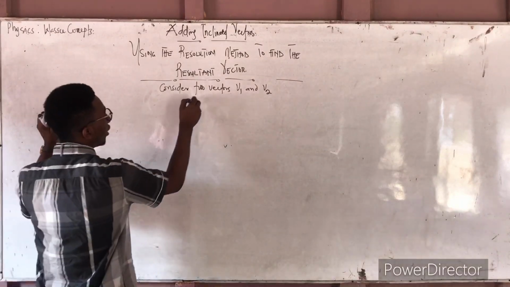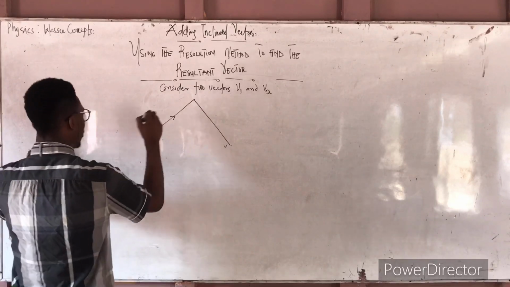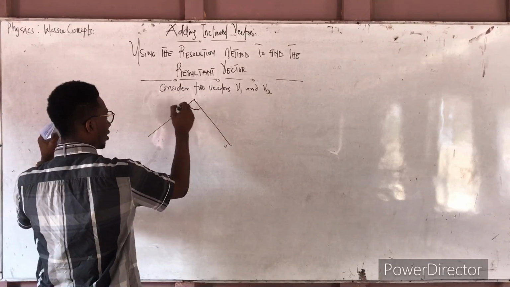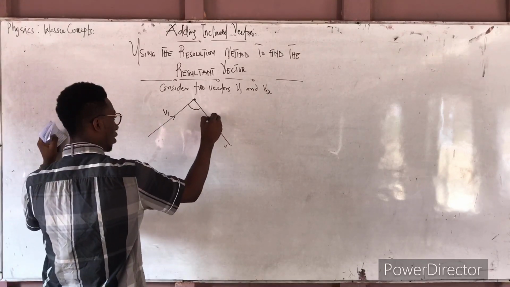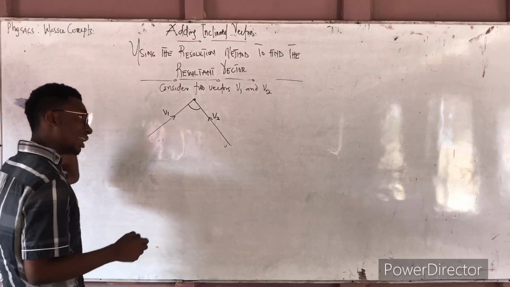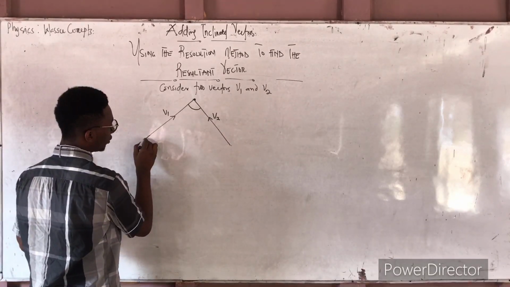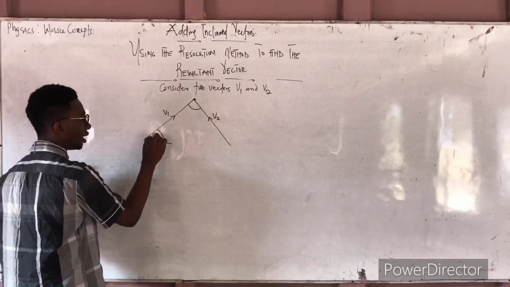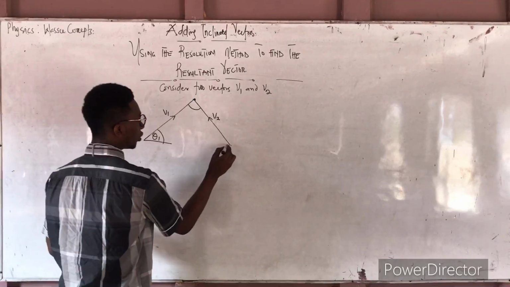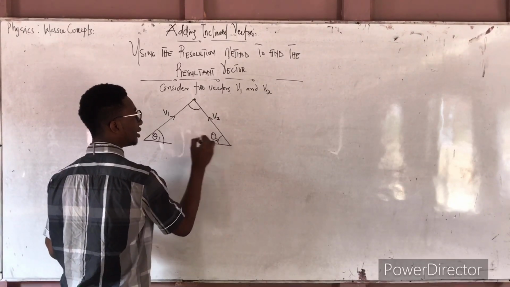We see these two vectors meeting at this point, and each of the vectors is inclined at an angle with respect to the horizontal. This vector is inclined at an angle, let's say θ1, and this other vector is inclined at an angle θ2 with respect to the horizontal.